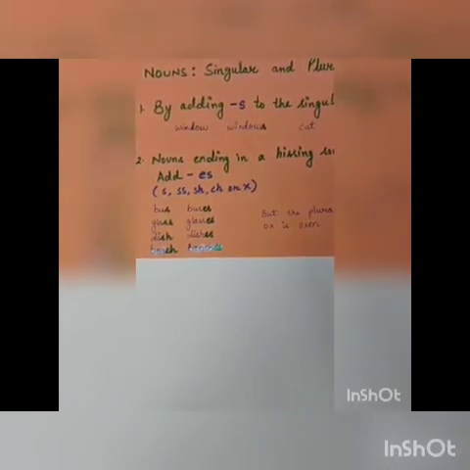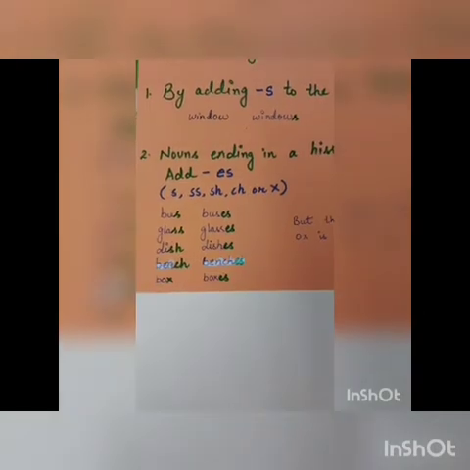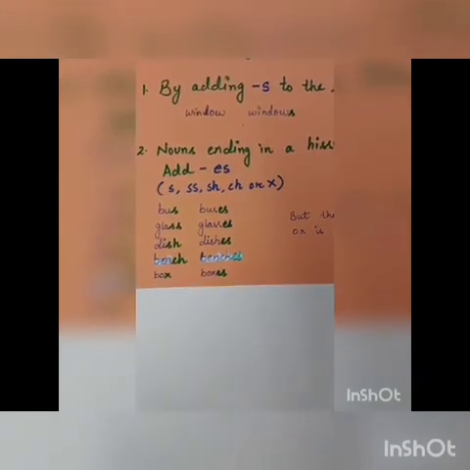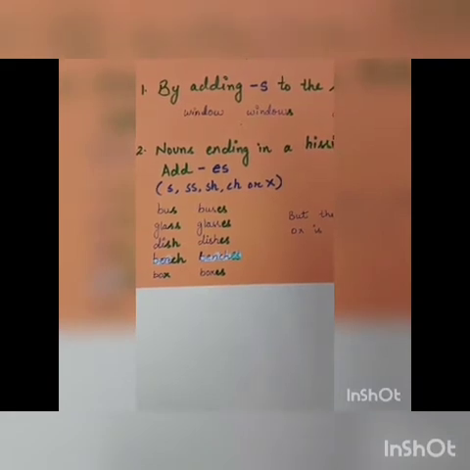So again, in the plural we have added es to it. Next is box, and the plural of box is boxes. But note one thing, that the plural of ox is not oxes, it is oxen.